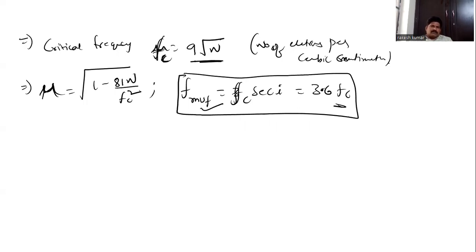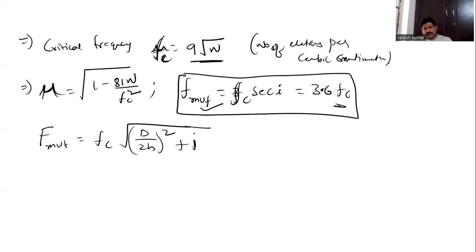Another formula for maximum usable frequency is Fc into root of (d by 2h) whole square plus 1. What is this D? D is the separation distance between the transmitting antenna and the receiving antenna. H is the height above the earth surface.